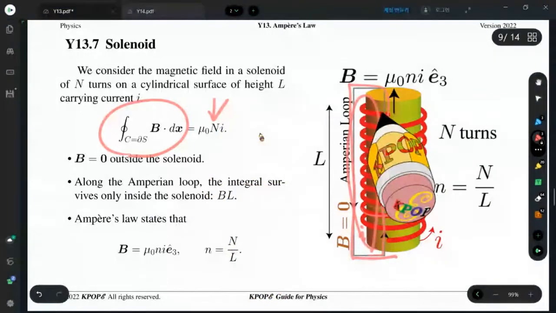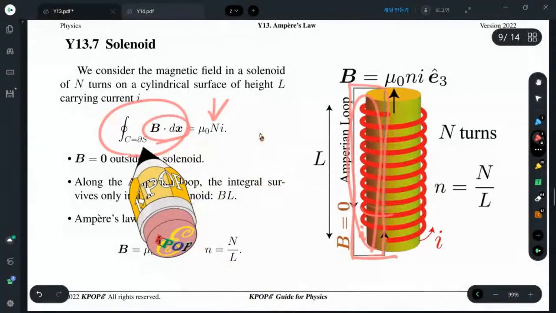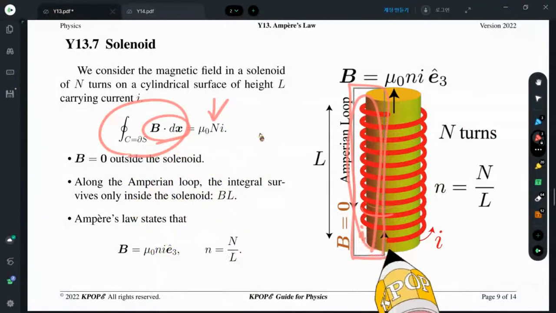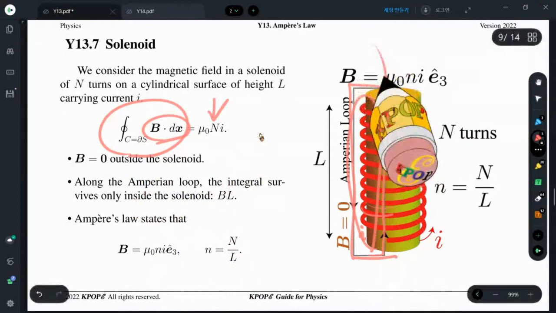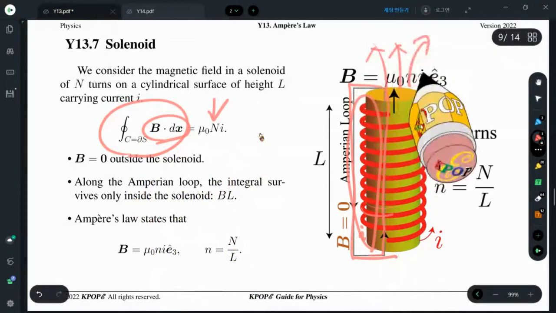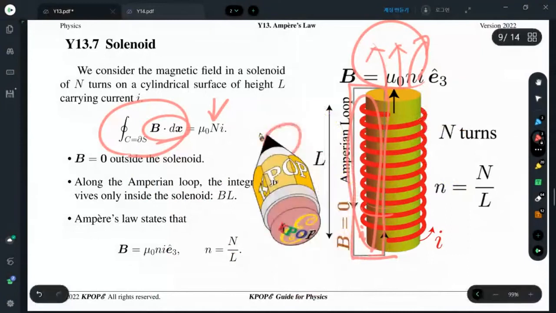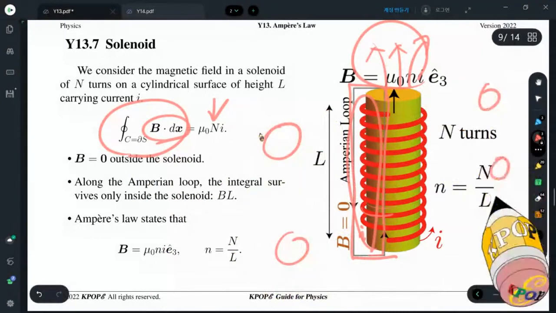Therefore, using this, the left-hand side integral is, we know the magnetic field is very strong inside, and the magnetic field outside is almost vanishing.